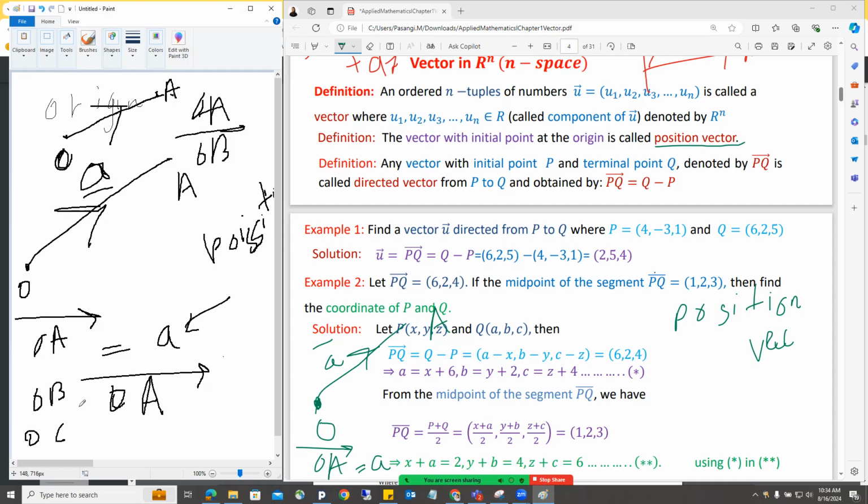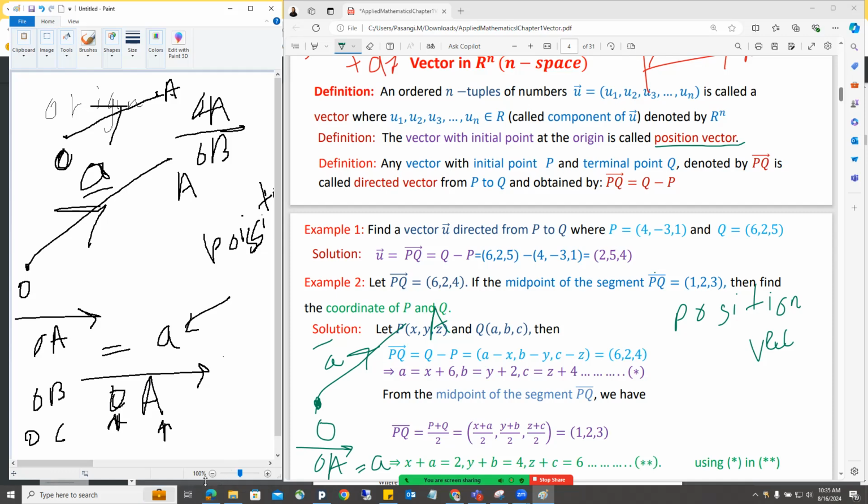Position vector? Yes, this entire one is the position vector, but the starting point O we call the initial point, and the ending point we call the terminal point. That's how we normally mark all these.